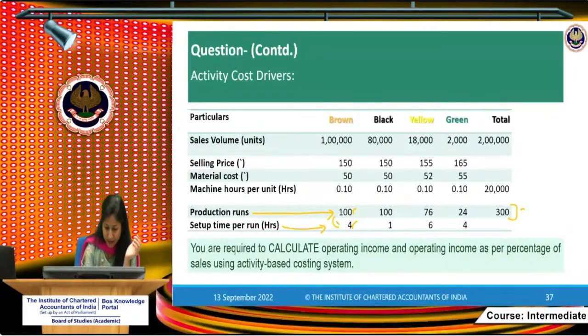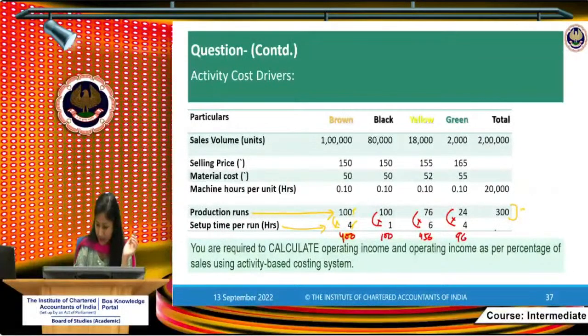This into this gives you 400. This into this gives you 100. This into this gives you 456. And this into this gives you 96. So in total, 456 plus 500 gives you 1052. There are 1052 setup hours.